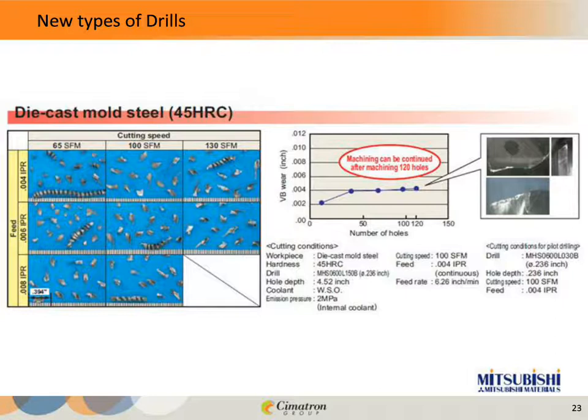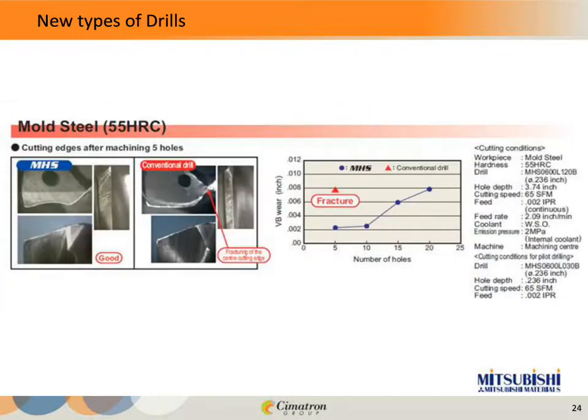We're looking at a 236 diameter drill, drilling 4.5 inches deep, and it's moving right along pretty good. And here's a mold steel at 55 Rockwell, and we can see that based on the number of holes, what kind of wear we're getting versus a conventional drill.